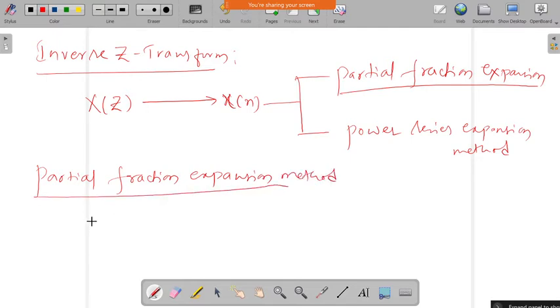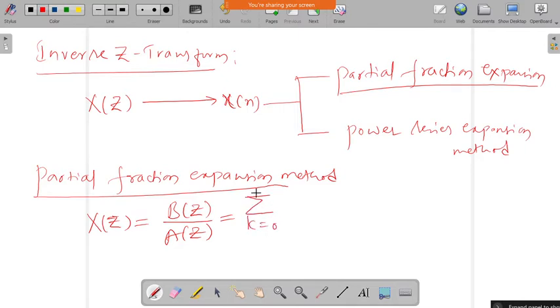If we have x of z, it will have both a numerator and a denominator in terms of the transfer function. Let us take the numerator as b of z and the denominator as a of z, where the index varies from 0 to m.